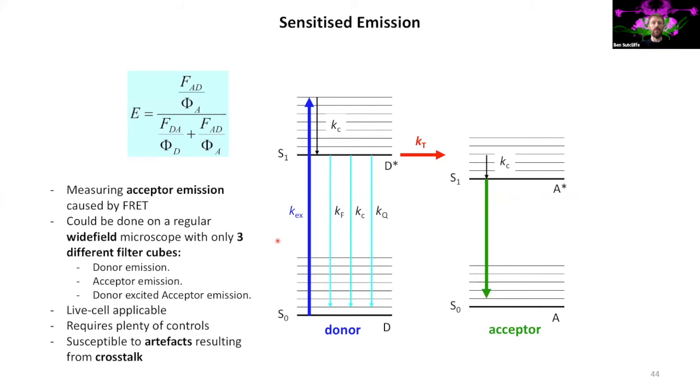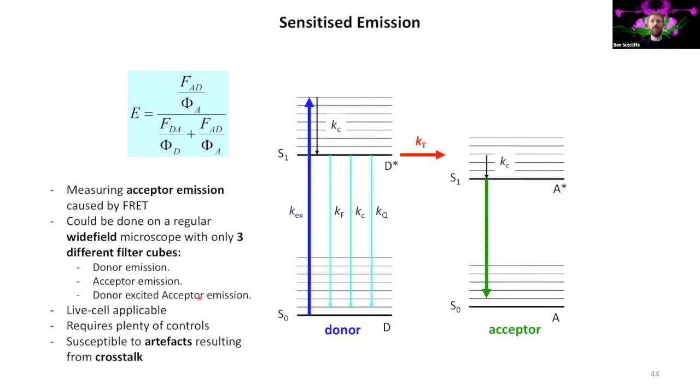You can also do sensitized emission, which looks at the acceptor fluorescence when you excite the donor, and is presented as a ratio of the FRET signal to the donor signal. This is the most commonly used form of FRET, as it can be done cheaply with a wide-field microscope with just 3 filter cubes: one for the donor emission, one for the acceptor emission, and one for the donor-excited acceptor emission.